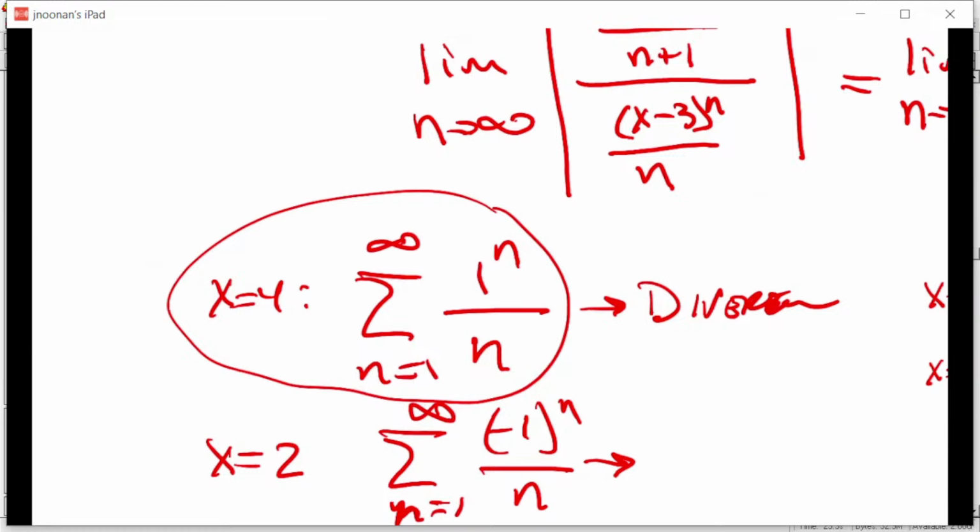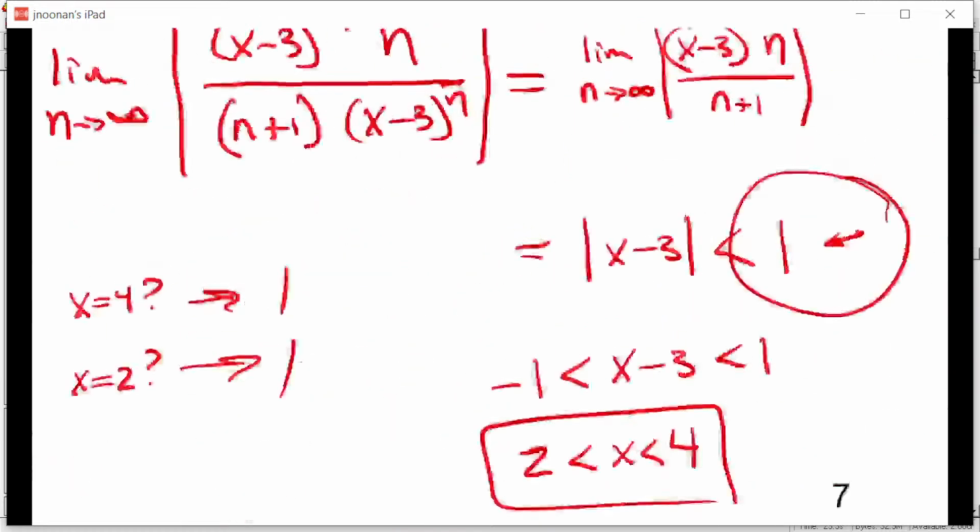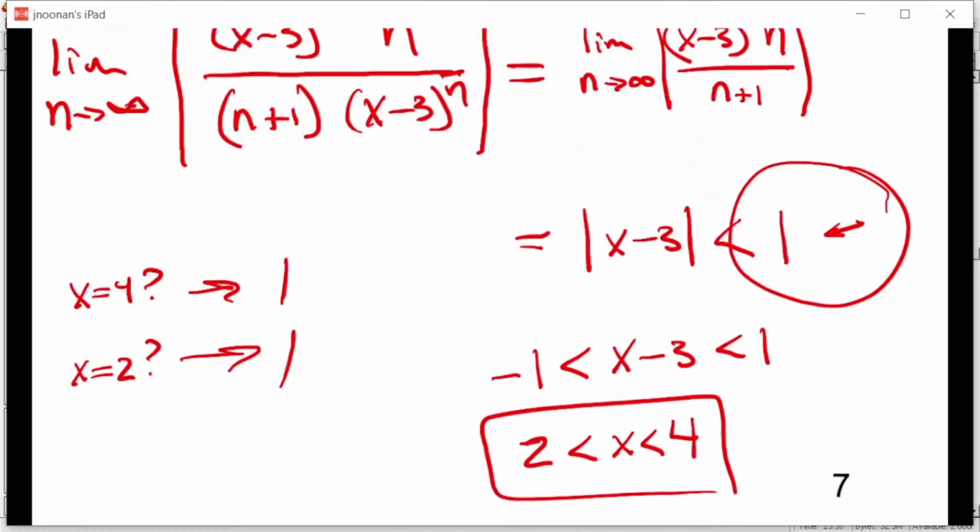That one's called the alternating harmonic series. Do you know if that converges or diverges? It does converge. So that one converges. So you converge when x equals 2, you diverge when x equals 4. So down in my answer, I change this to a less than or equal to. So that's where this thing converges.